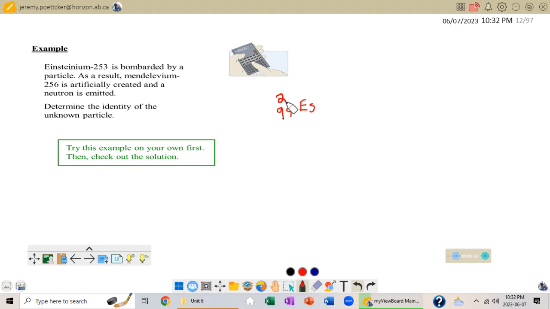I'm told in the question that the isotope is Einsteinium-253, which means there are 253 nucleons, plus something is bombarded by a particle, gives me Mendelevium-256.